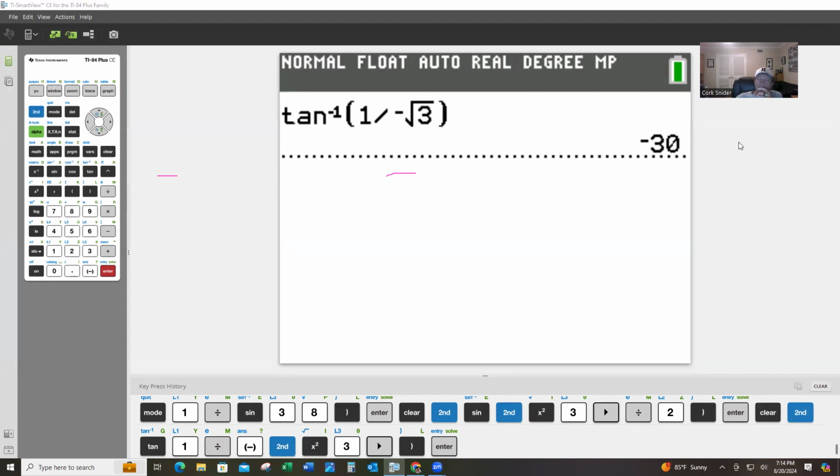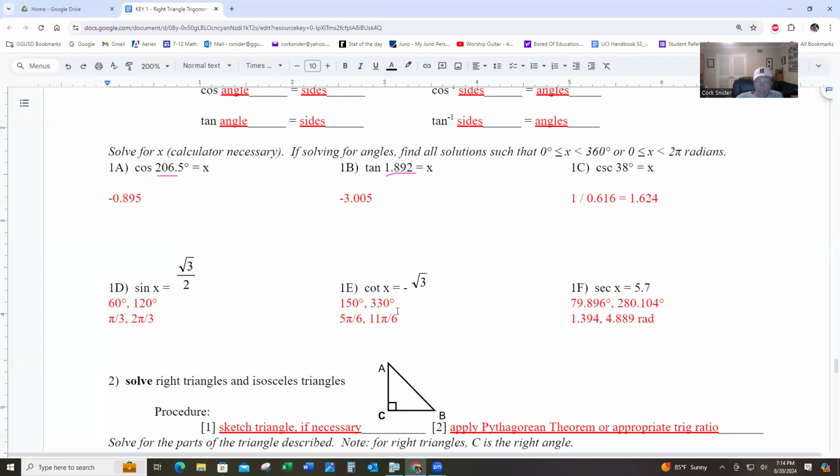Okay. Negative 30 degrees is actually 330 if you think about it. Okay. So that's negative. It's negative 30 degrees is 330. So let's look at this. So here is negative 30 or 330 degrees. Okay.